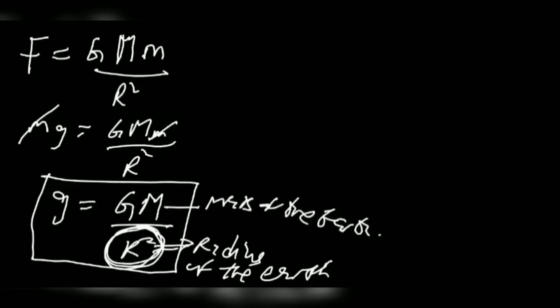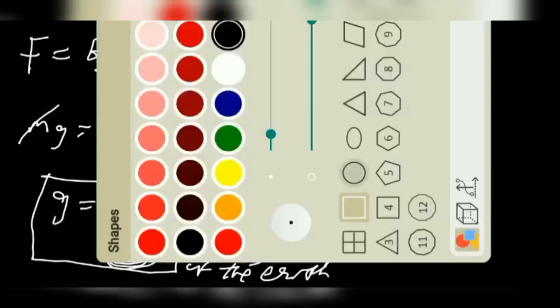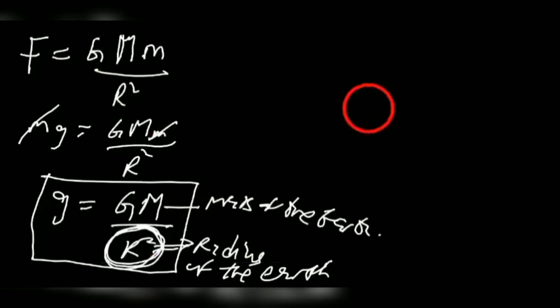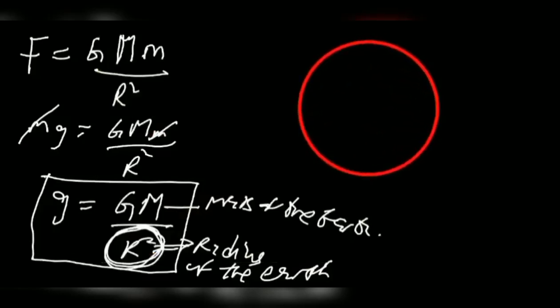Now, this is when the body exists on the earth. Now, consider this picture. Assuming this is my earth, and the radius of the earth is from here to here, let me say r.